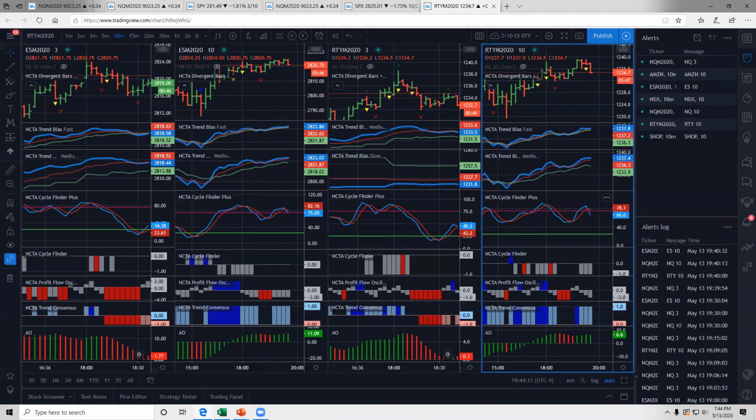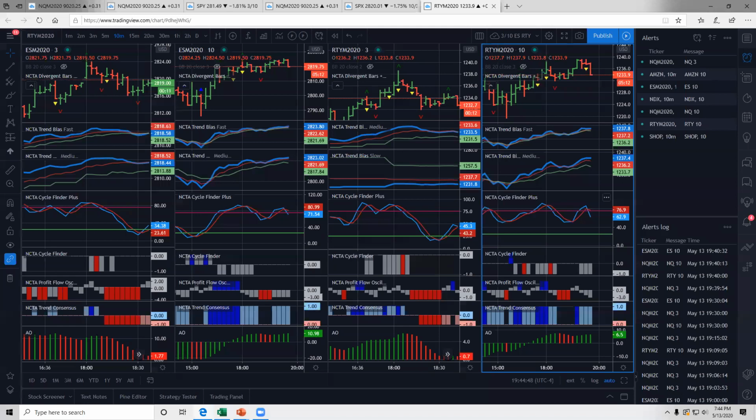Yes, you absolutely can. It's the same way you can right-click on one of the triangles on there and add an alert. Something to note is that if you choose once per bar, it's going to show up the first time it flashes on, which we know that sometimes, based on the price movement of the bar, can go away, so it can be invalidated by where the price bar closes.